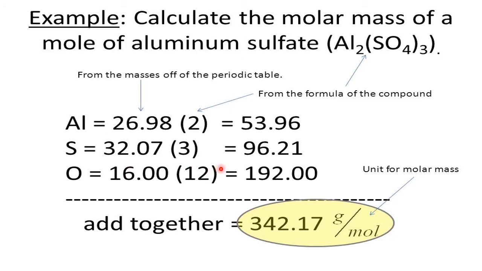So 16 12s are 192. All together, if you add, the answer is 342.17. This is the molecular mass of aluminum sulfate.